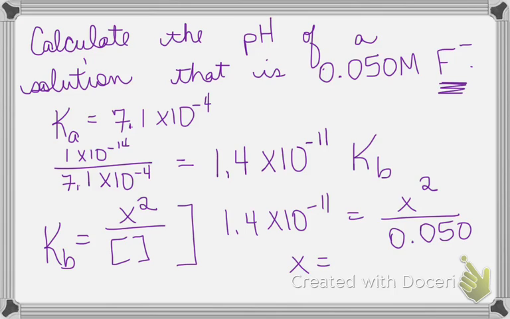Slightly basic. What do y'all get for x? 8.4 times 10 to the minus 7? But that's the concentration of the hydroxide? Exactly. That's the concentration of the hydroxide.